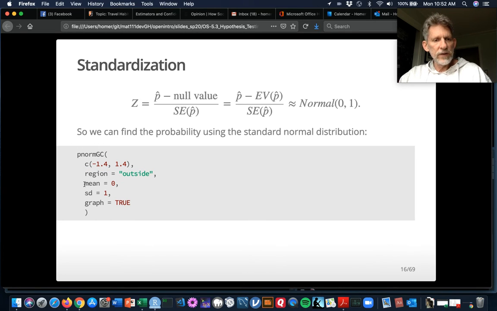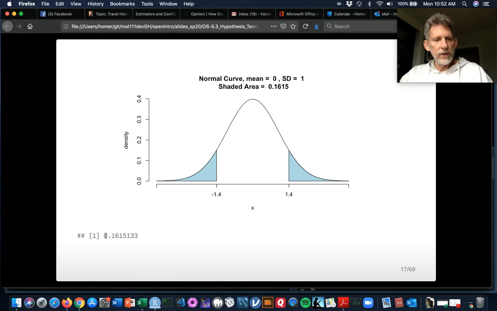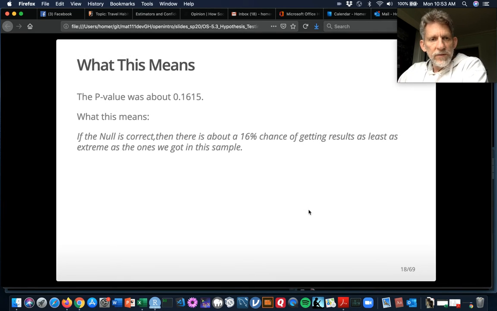We specify the standard normal curve by saying that the mean is 0 and the standard deviation is 1, and it's nice to ask for a graph. So we find that the p-value is about 0.16 down here at the bottom. That's the shaded area, the total shaded area that you see. These two pieces put together make about 16% of the total area underneath the standard normal curve. So that's the p-value, about 0.1615.